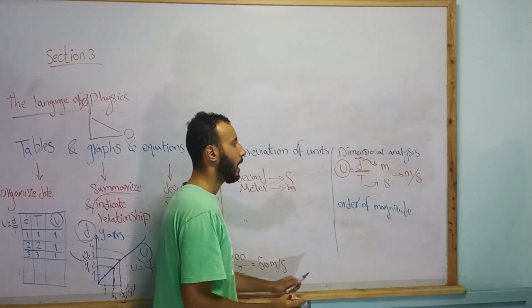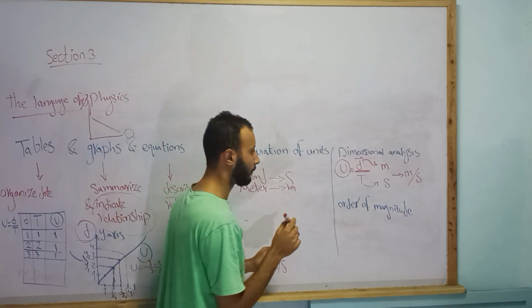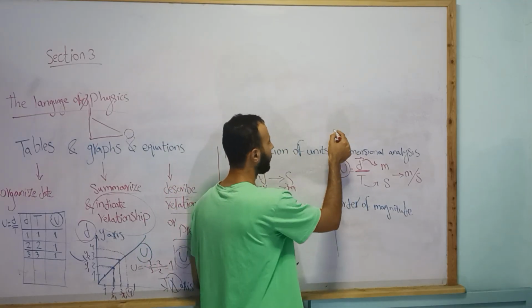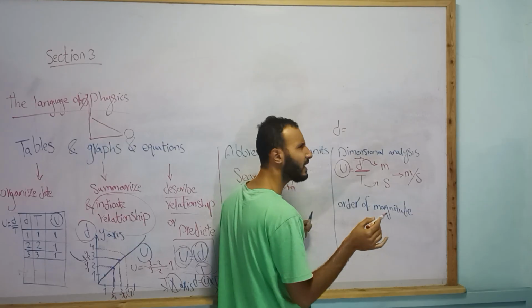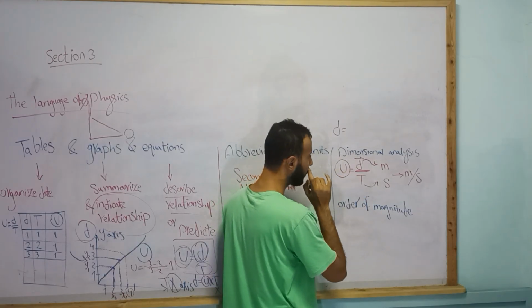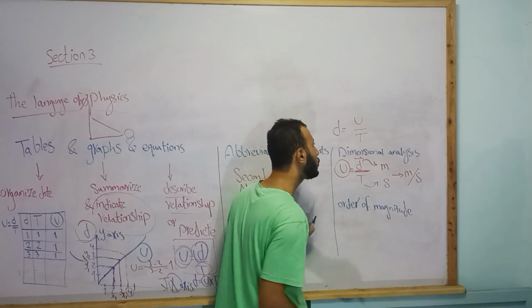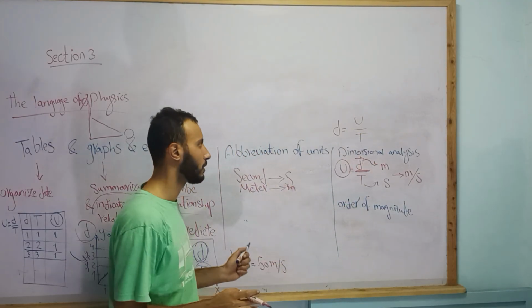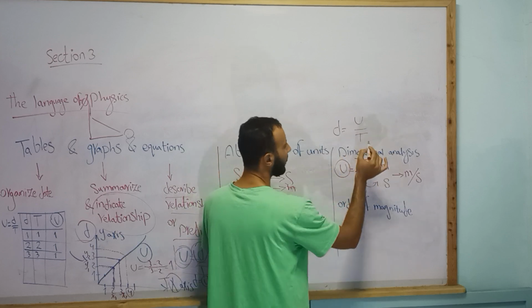Also you can check whether your answer is right or wrong. For example, say you claim that the distance is equal to v over t, and you want to know if it is right or wrong. Let's check it by dimensional analysis.